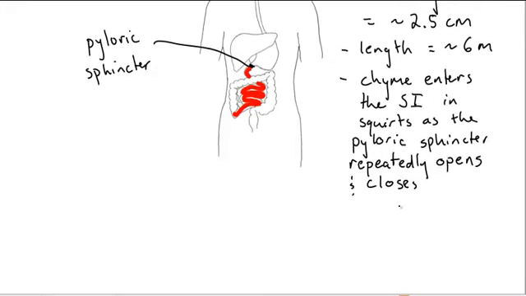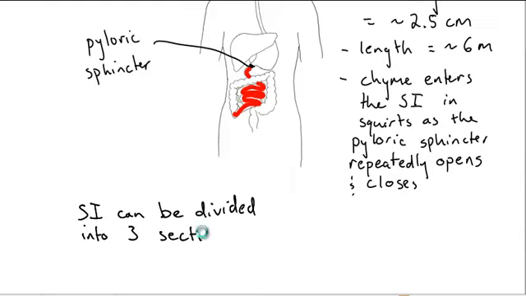Now, the important part is the small intestine can be divided into 3 sections, namely the duodenum, jejunum, and the ileum.